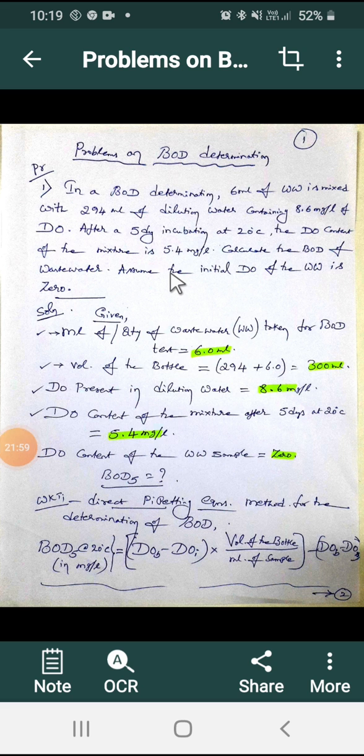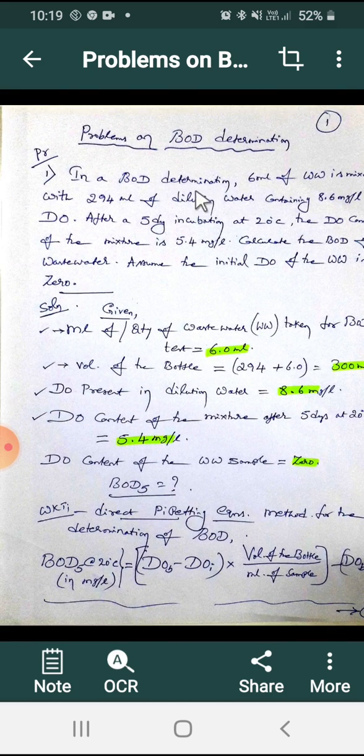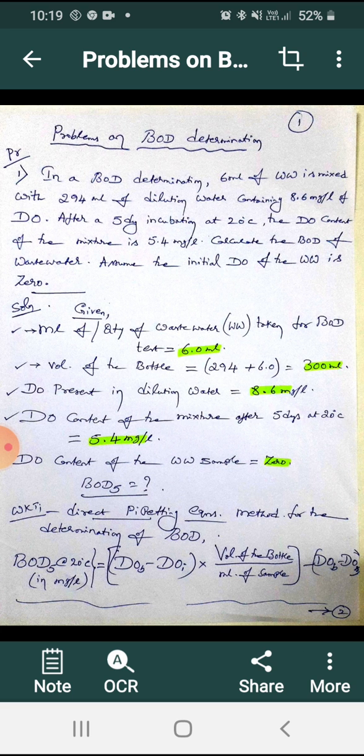In this problem, how to determine the BOD? This is also called BOD estimation. Now they have given: 6 ml of wastewater is mixed with 294 ml of dilution water containing 8.6 milligrams per liter of dissolved oxygen.